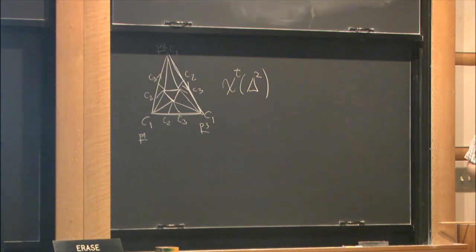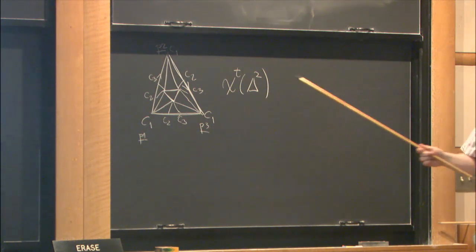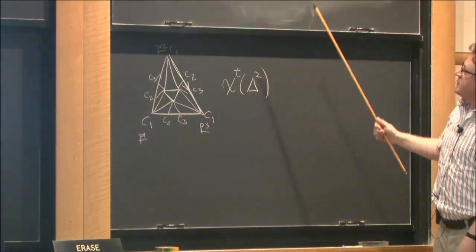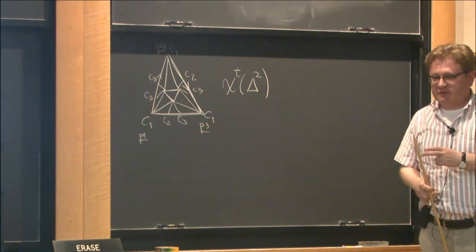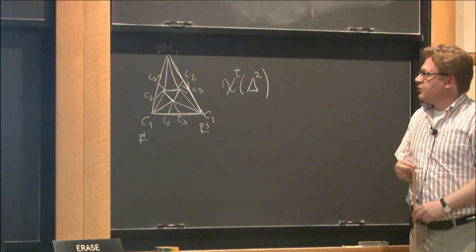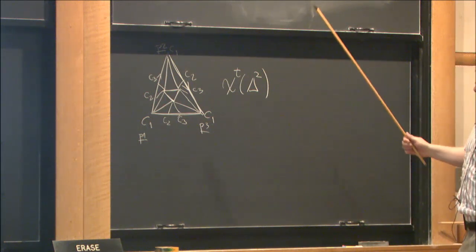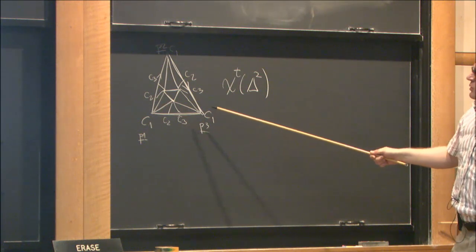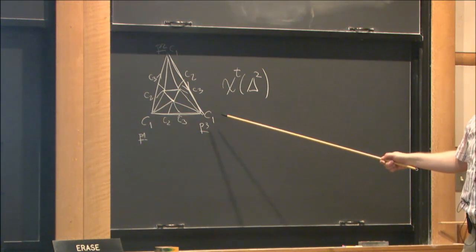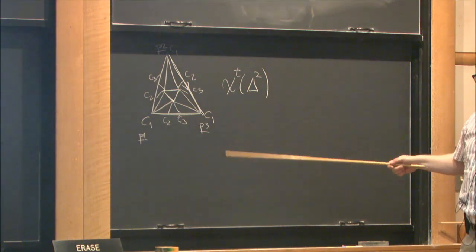And the question is the same: how many colors do I need to color these vertices? Here we needed 3. For a triangle, you can show that 5 is the right answer.